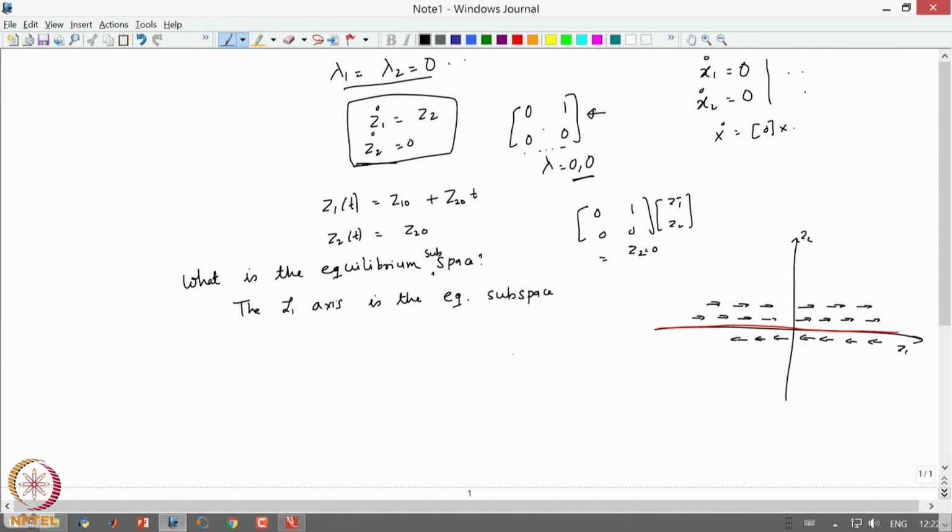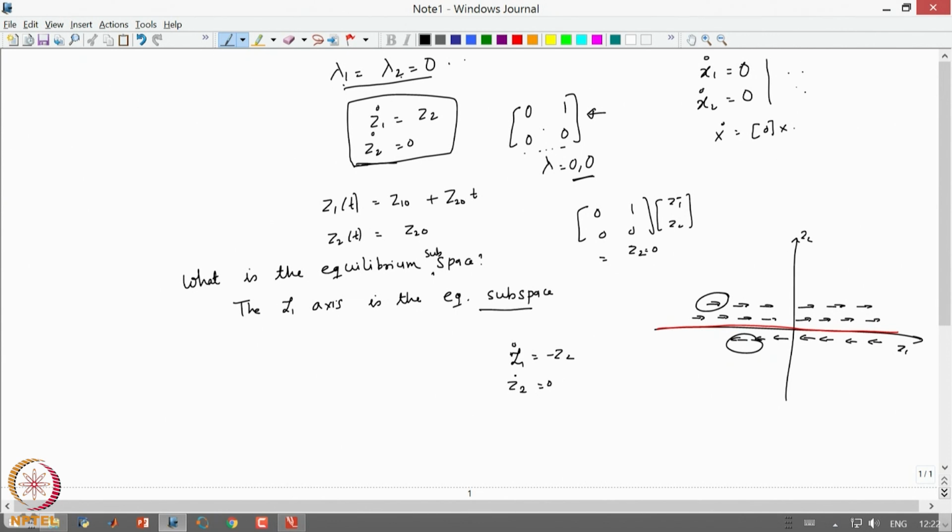Here they will just have the reverse sign. Now, there could be another case when Z1 dot is negative Z2 and Z2 dot is 0. What will happen to the phase curves? They will be exactly the same, just with the directions of the arrows reversed. So that is two different cases when lambda 1 and lambda 2 both are equal to 0, and the equilibrium subspace depends again on the Jordan form.